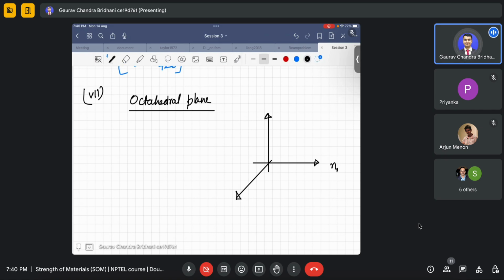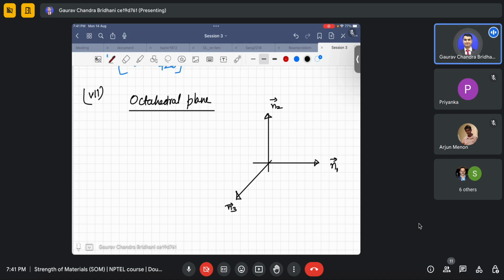Remember that these are vectors in themselves. n1, n2, and n3. You know that the principal planes will be mutually perpendicular. So if we represent the directions as the principal directions, the normals to the principal planes are the principal directions. So the n1, n2 and n3 vectors are principal directions.